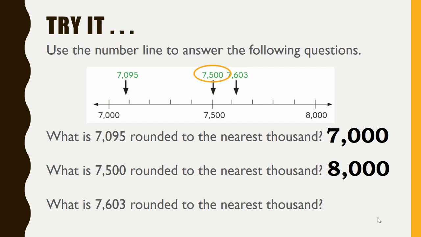Therefore, 7,500 rounded to the nearest thousand will always be 8,000. Our last question asked, what is 7,603 rounded to the nearest thousand? Since 7,603 is closer to 8,000, the answer is 8,000.